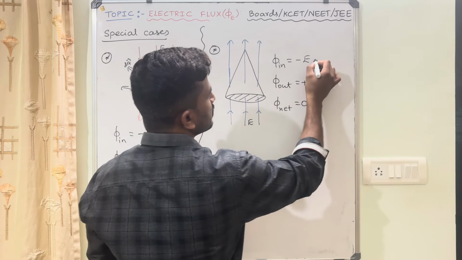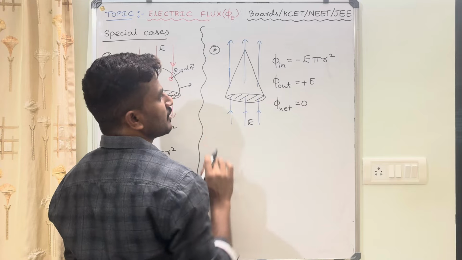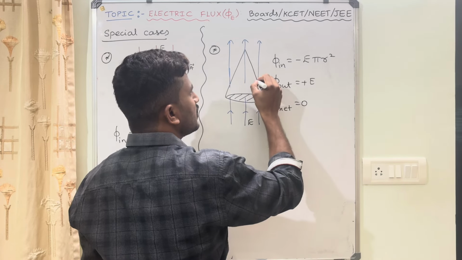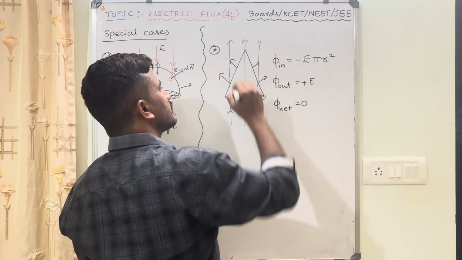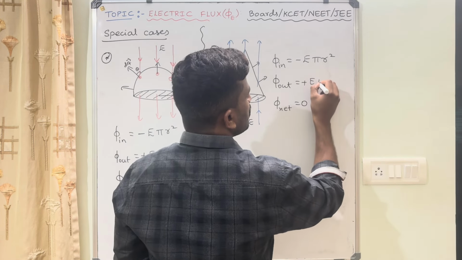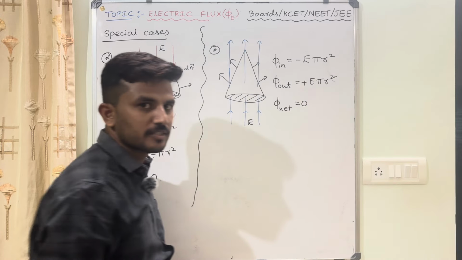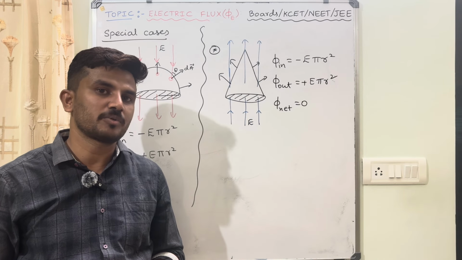Pi r square, whatever the value that you give. Flux out also will be the same, because whatever flux is entering is coming out. Here area in this direction, here area in this direction. So E into pi r square. You understand? So if they give this kind of questions, you should be very careful while answering for competitive exams.